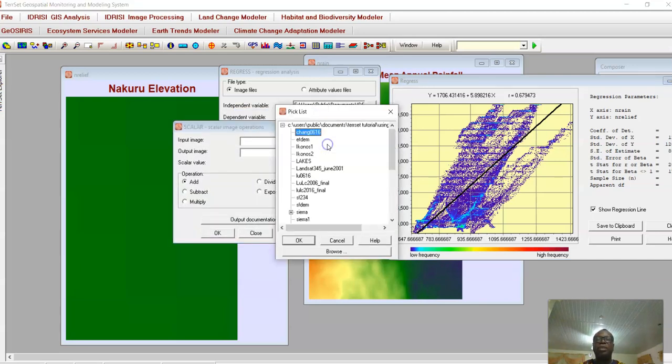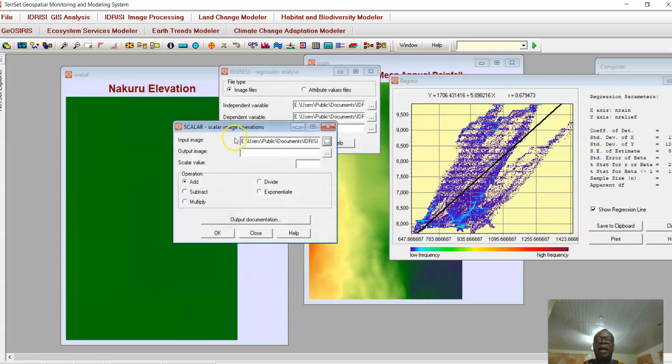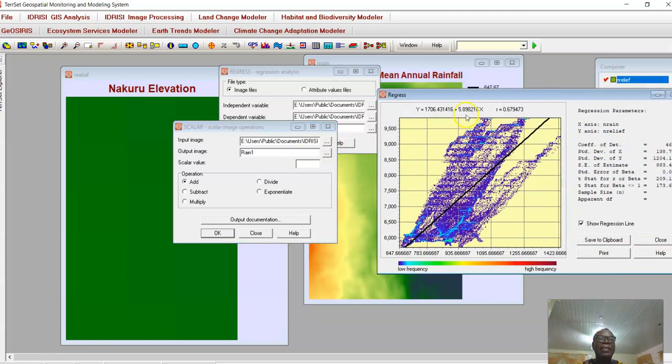So you put the input image. Our input image is now the elevation, N relief, and then the output image, we just say rainfall 1, because it's not yet the final data. What we want to do is multiply it by 5.898216.